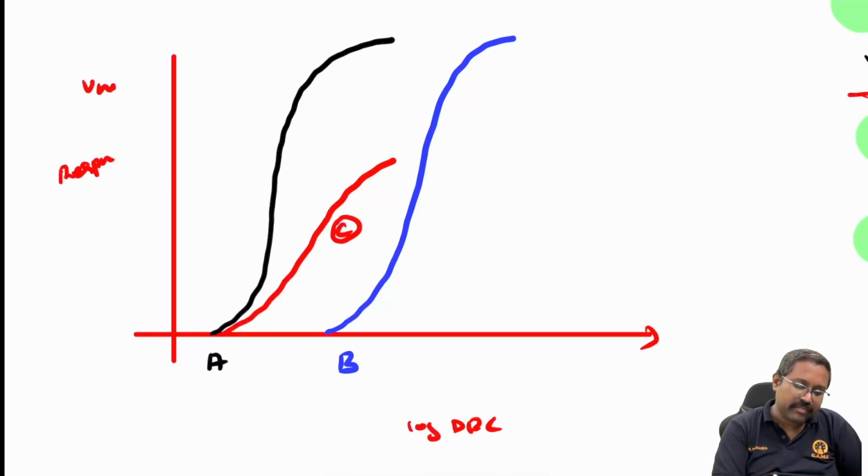Response will tell you about the Vmax, and here it is the dose. Dose, that is the potency.